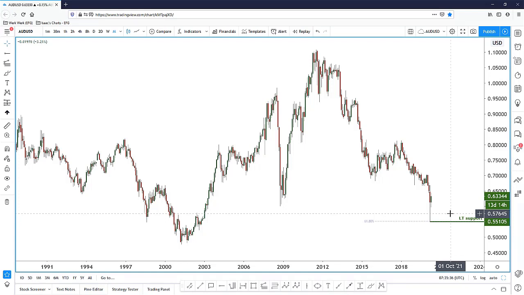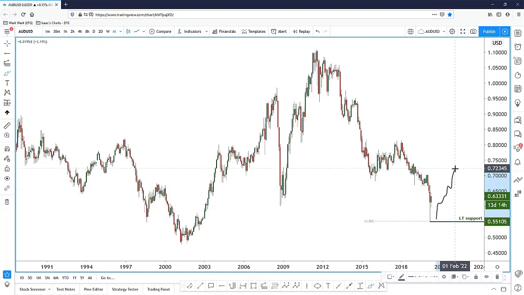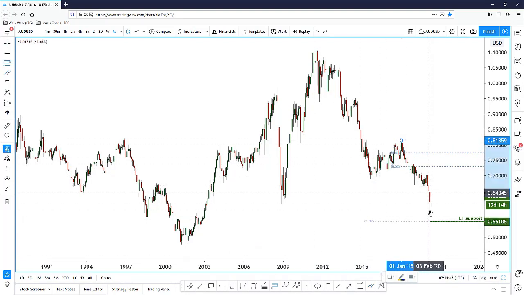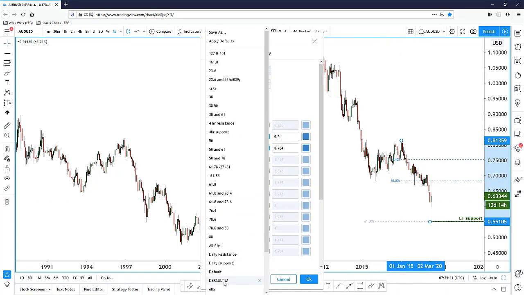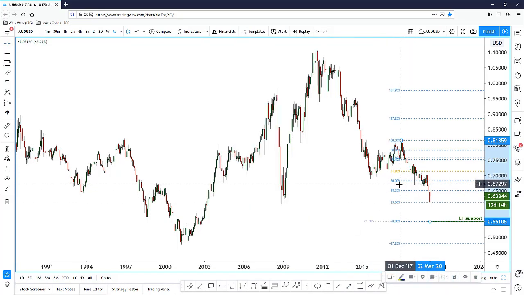Now we want to look for a retracement to see how far price can bounce higher after making this push down, and we want to find the long-term resistance. So with that, we can take a retracement from the swing high here to the swing low, and open up all Fibonacci ratios. We see that the 61.8 key Fibonacci ratio comes quite close over here twice.